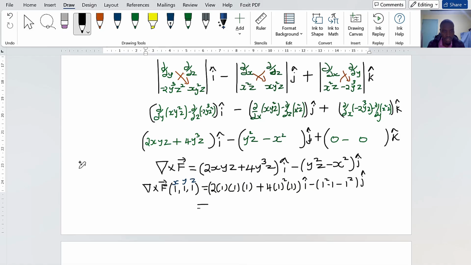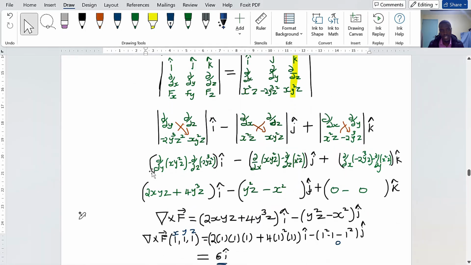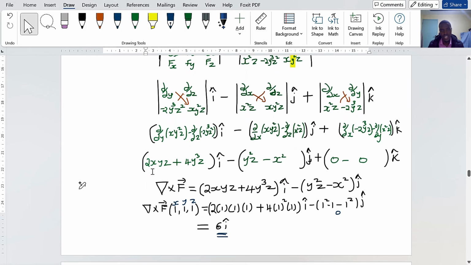When you work this out, our curl will be 2 plus 4, which is 6i. Then when you check carefully, we have 1 minus 1 is 0, so j disappears again. So our curl at that point is simply 6i. Good, so that is how we get that 6i.